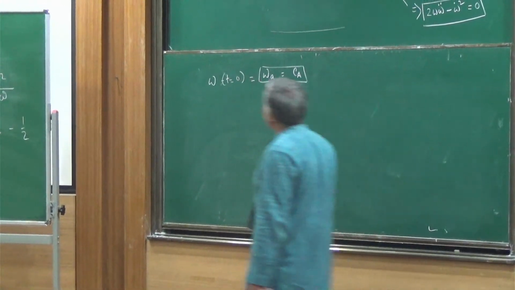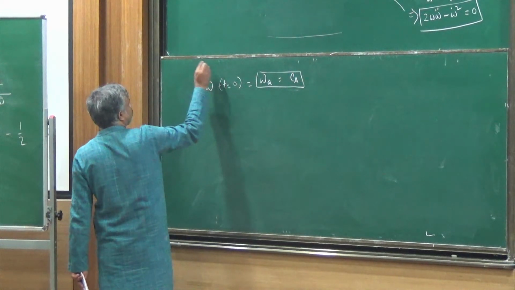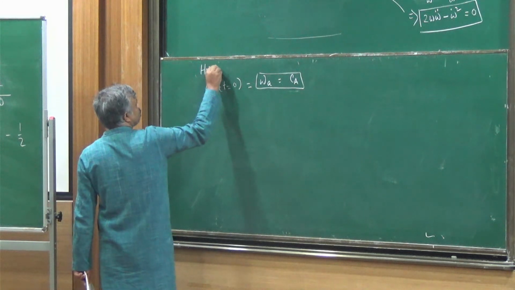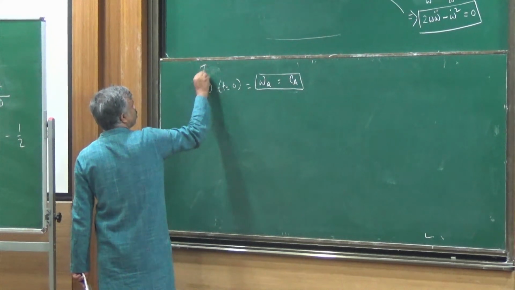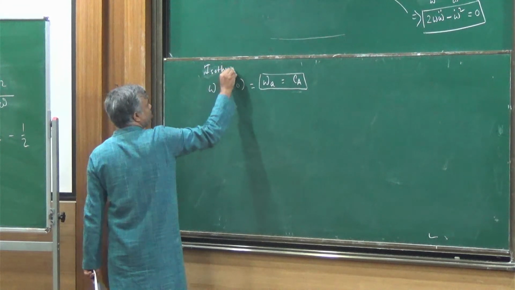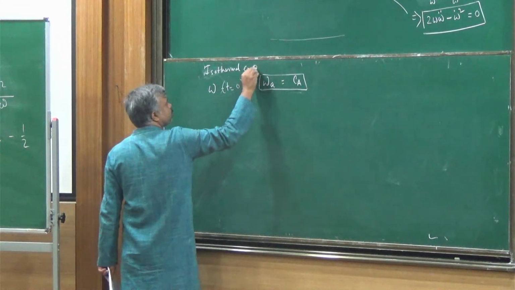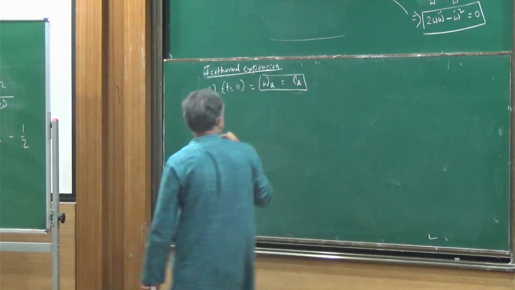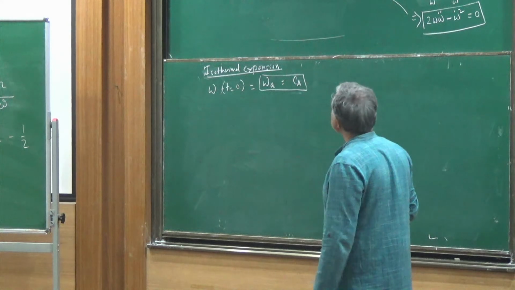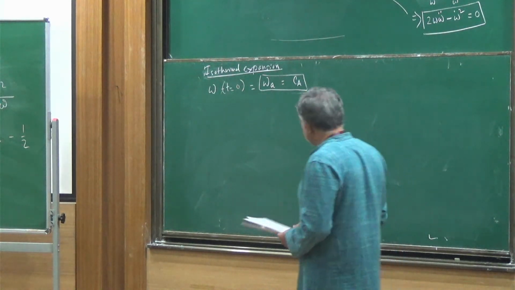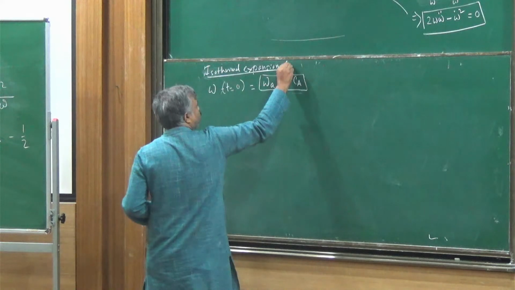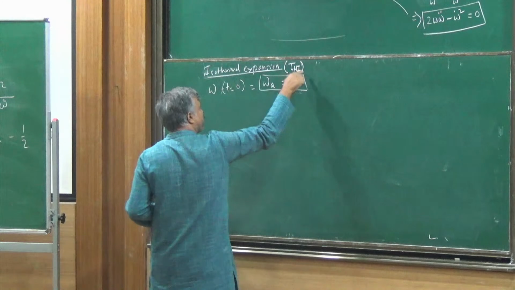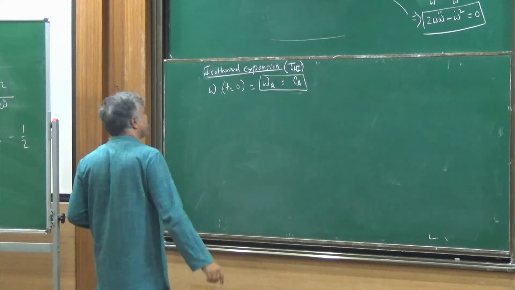So now it is for isothermal expansion. Say this time is tau hi. This is my notation. Hot isothermal. This is the time scale there.